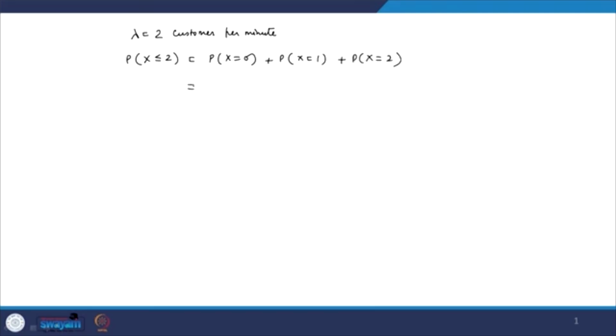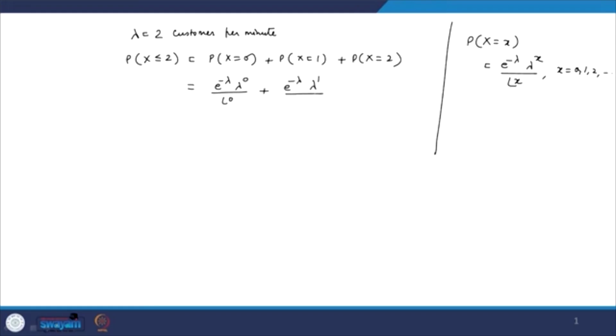So, since we know that probability for X equal to x in Poisson distribution is simply e raised to power minus lambda, lambda raised to power x upon factorial x, where x is 0, 1, 2 and so on. So, for x equal to 0, you substitute x equal to 0 over here. So, it is e raised to power minus lambda, lambda raised to power 0 upon factorial 0, plus e raised to power minus lambda, lambda raised to power 1 upon factorial 1, plus e raised to power minus lambda, lambda square upon factorial 2.